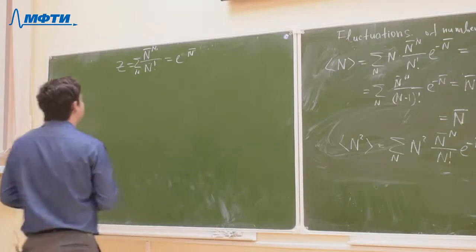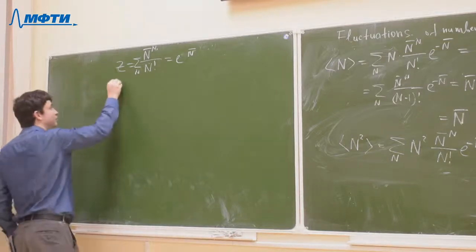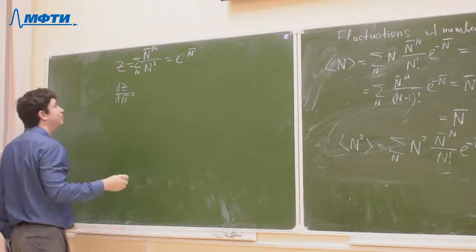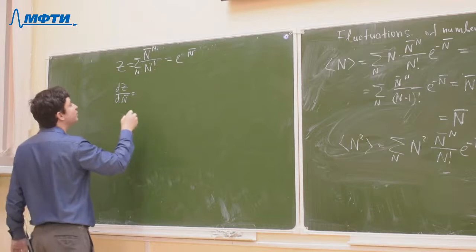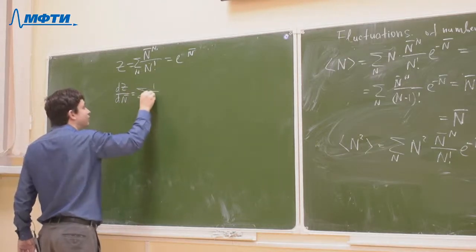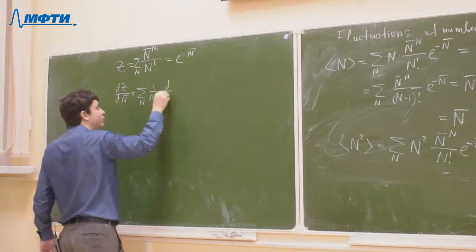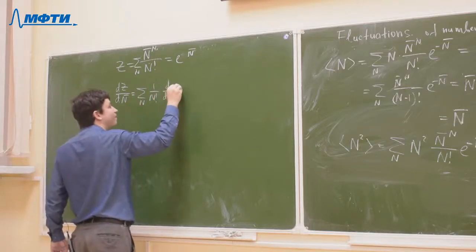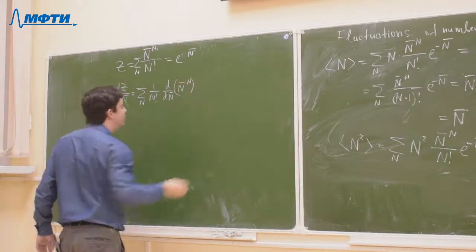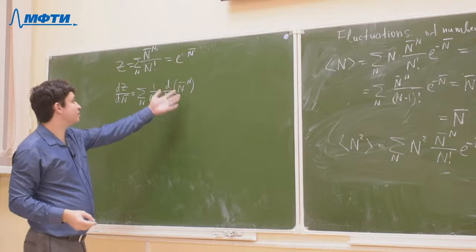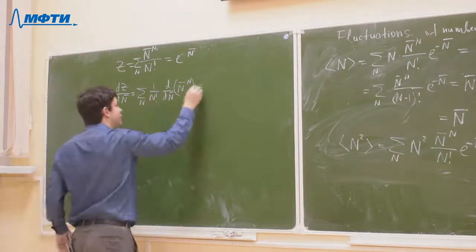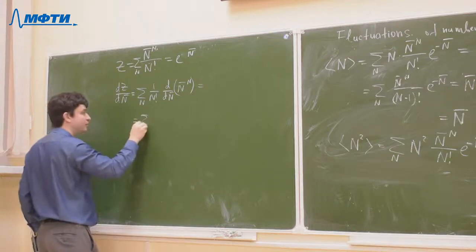Okay, let's see what happens if we take the derivative dZ over d n average. This is a simple function like x to the power n over dx, and this would give us the following sum.